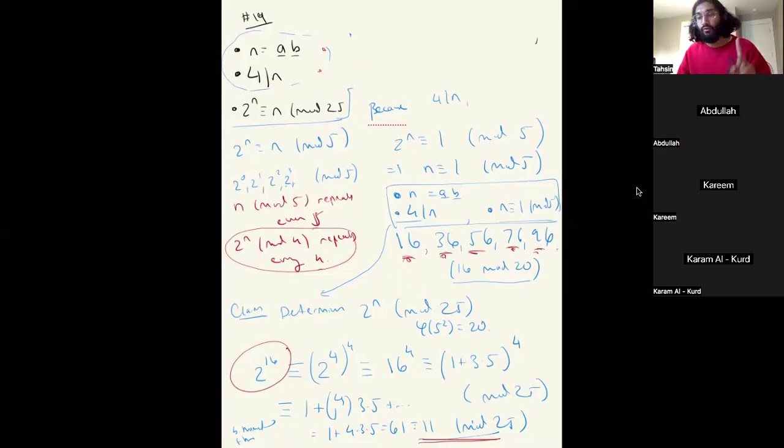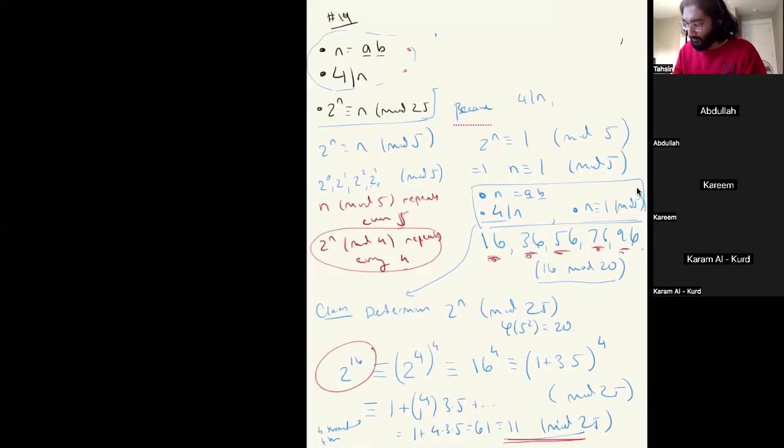Moreover, you should know that exactly one of them is going to be 11 mod 25, because they're already 1 mod 5, and then you jump by 20. So let me explain this.